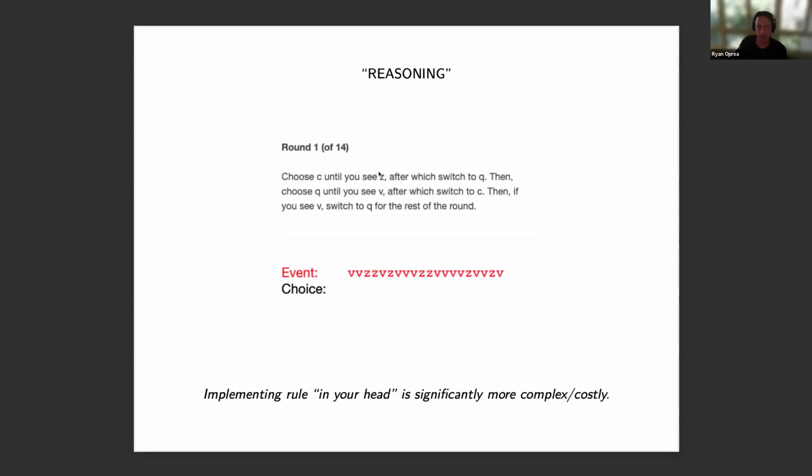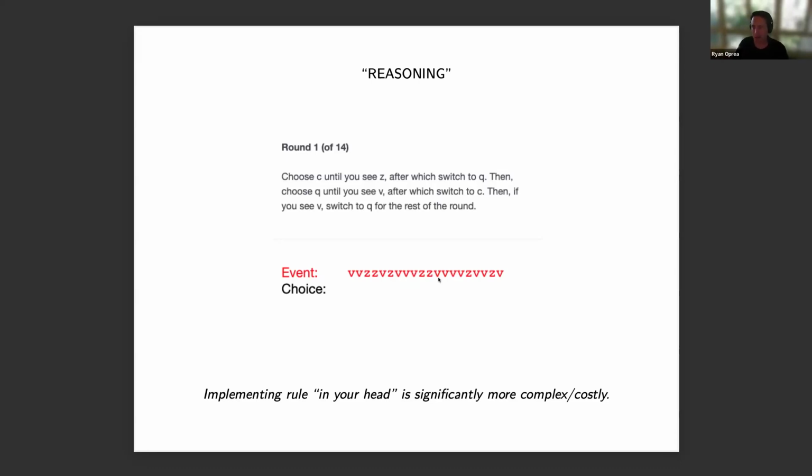On the other hand, having to implement a rule in your head instead of implementing the rule one step at a time is significantly more complex and significantly more costly for humans. So if I show people all of the events and I just ask them to type the last choice that would happen if they were to follow the rule over the sequence of events, they don't make any more mistakes, but they hate it a lot more.